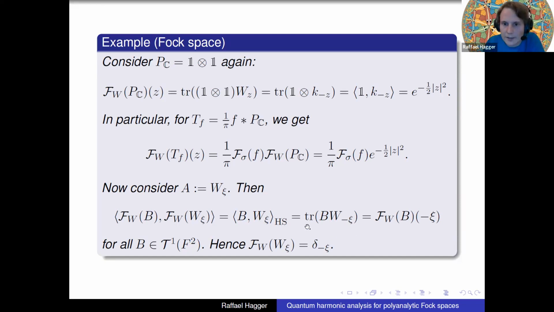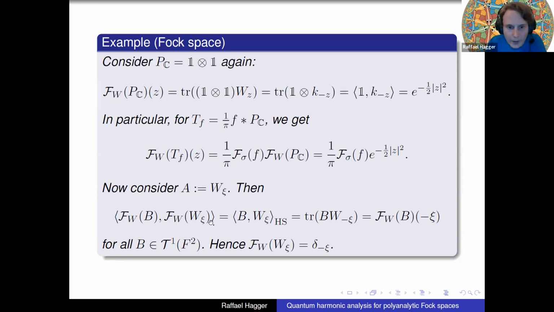And well, this here is now by definition just the Fourier-Weil transform of B at minus psi. Okay, and you see on the other side you use an identity here that you also know for the usual Fourier transform that also works here to get this.